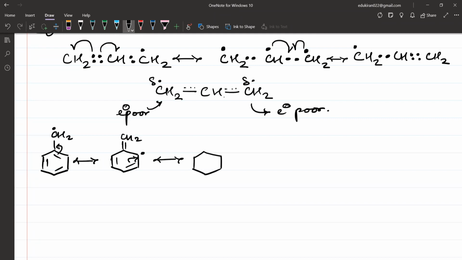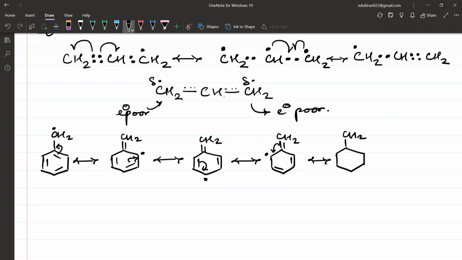Then this electron will move here. Free radical is here, double bond CH2, the double bonds here. Now the pi bond is going to move here. Pi, free radical here, double bond CH2. And then again, it is going to move here, giving back CH2 free radical, double bond, double bond, double bond.